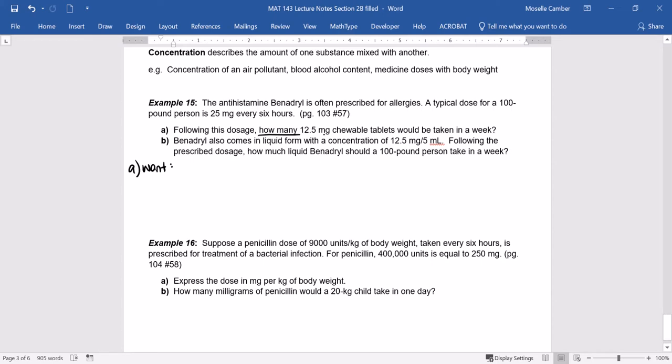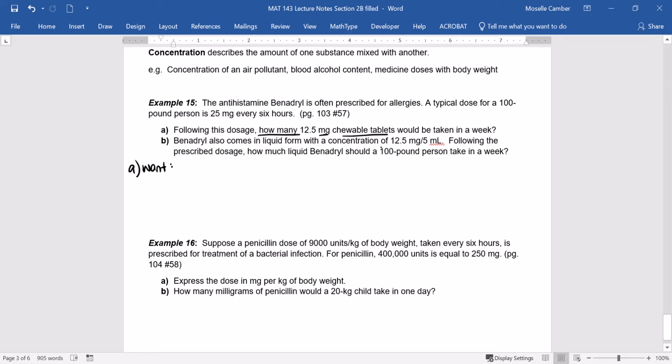Okay, so we have a couple different units here: milligrams and chewable tablets. Since there's no word in between, it just means they're both describing the same thing, two different ways of describing something.